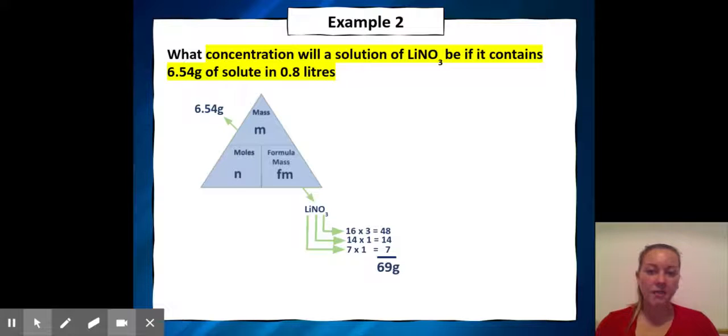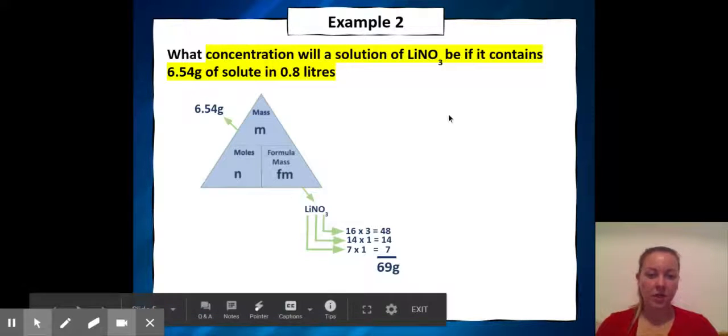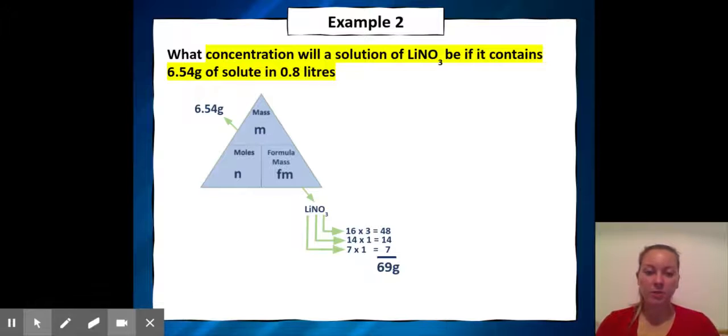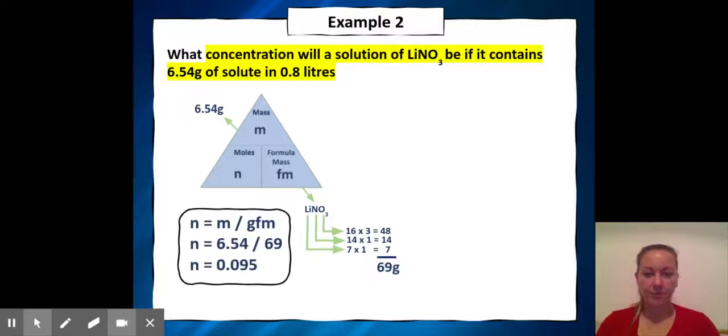So concentration is going to be our unknown. Now we know the mass of lithium nitrate, and then we can calculate the formula mass, which we've done here. That enables us to calculate the number of moles because n equals m over Fm, which is 6.54 divided by 69, and that equals 0.095.